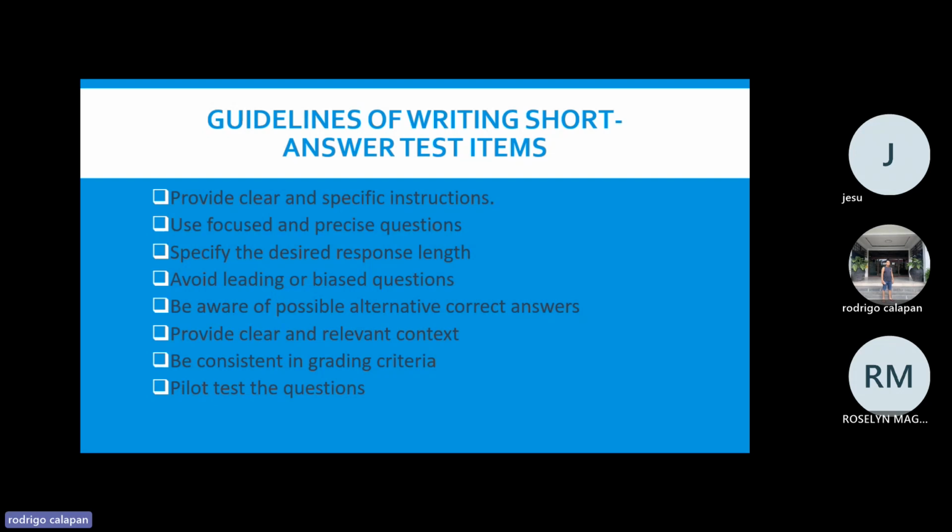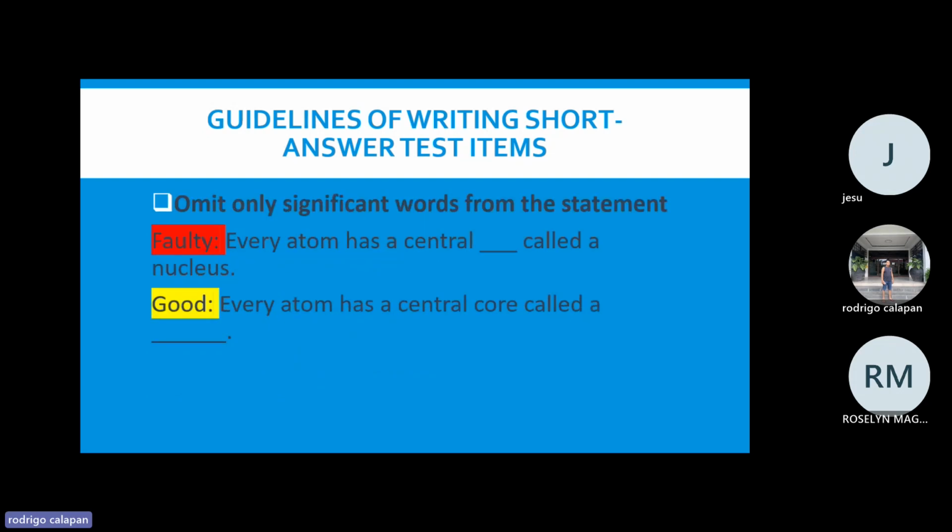So when we follow these guidelines, we will be able to create well-constructed short answer test items that effectively assess students' knowledge and understanding. So say for example, in this case, another thing that we have to keep in mind, we have to omit only significant words from the statement. Say for example, we have a faulty question. Every atom has a central blank called a nucleus.